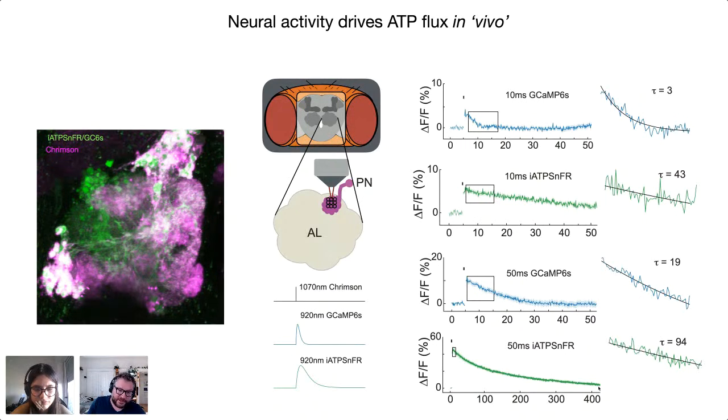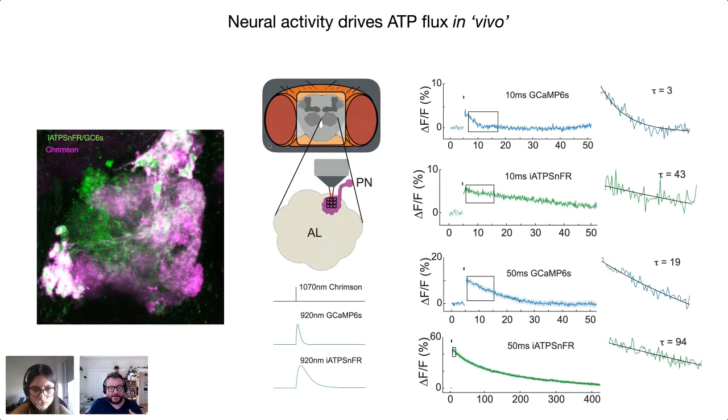In an empty brain, a dead-ish brain, it's not dead, it's just ex vivo, there isn't a lot of spontaneous activity. But upon producing very focal activity in just a very specific subset of cells, we can actually see a huge production of ATP, and that production of ATP persists for a while.